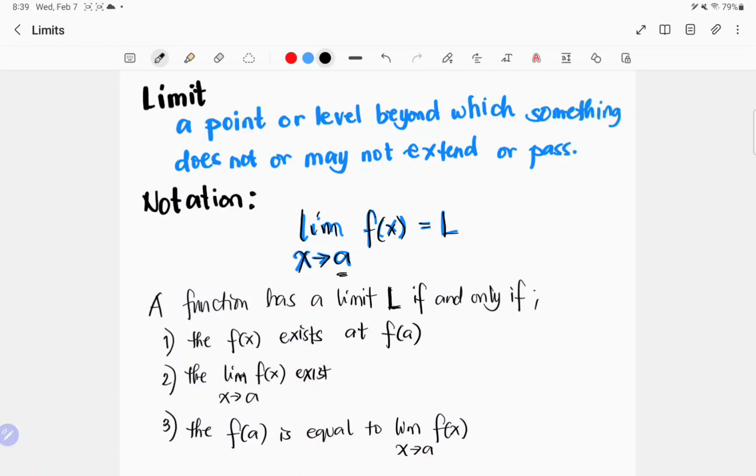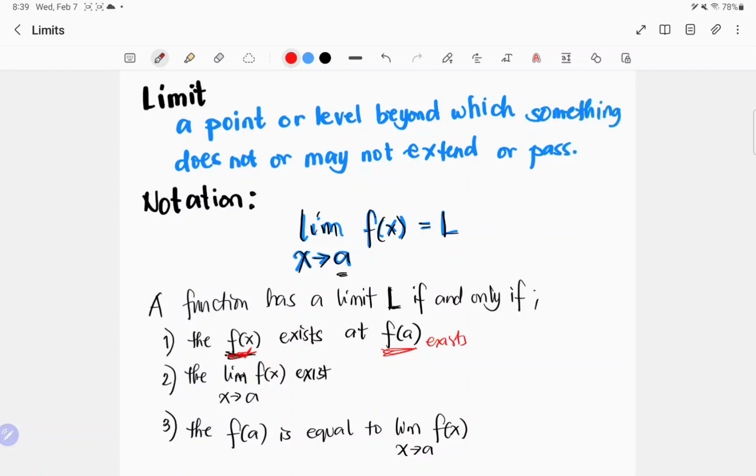Now, for a function to have a limit, it must satisfy the following conditions. Number one, f of x must exist at f of a, meaning when we substitute the value of a in our given function, f of a must exist.